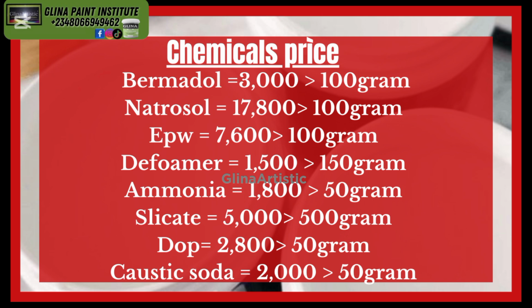I don't want this video to be too long, but please bear with me because I want you to get all this formulation. So most chemicals are sold per kg or half kg. I don't think they sell quarter kg, except you and the chemical seller have known each other over the years. Then they can even give you the quarter kg without collecting money from you.